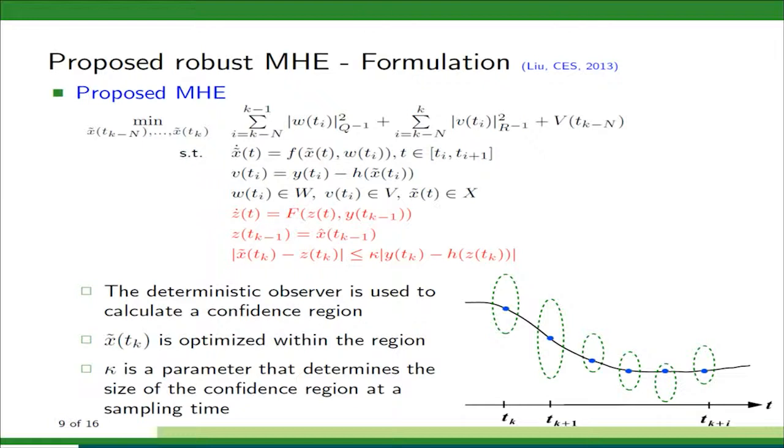And the estimate of this moving horizon estimation is only allowed to be optimized within this confidence region. In this constraint, the parameter kappa is an important parameter. It determines the size of the confidence region, and the size of the confidence region at different time instances could be different.